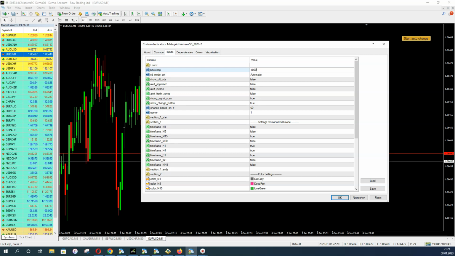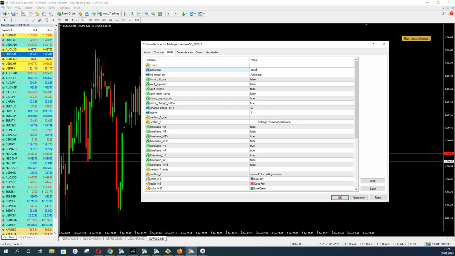So 3 years ago this supply zone was created on the daily chart, and 3 years later, the price comes back to this zone. The question is, if there are still enough orders at this place, if many traders see this zone and place their orders, that they really see, oh, 3 years ago there was a supply zone, we now have to put orders on this zone. You don't know it.